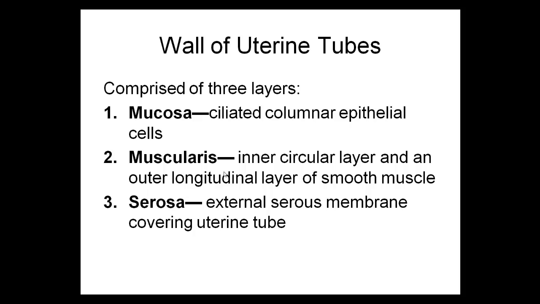And finally, on the outside, we're going to have the serosa. We'll have some connective tissue, and the connective tissue is going to be covered with the peritoneum covering, and that's why, of course, we called it serosa. If you remember the serosa, we will have serous membrane covering the tissue. If we don't have it, we called it adventitia. Okay.